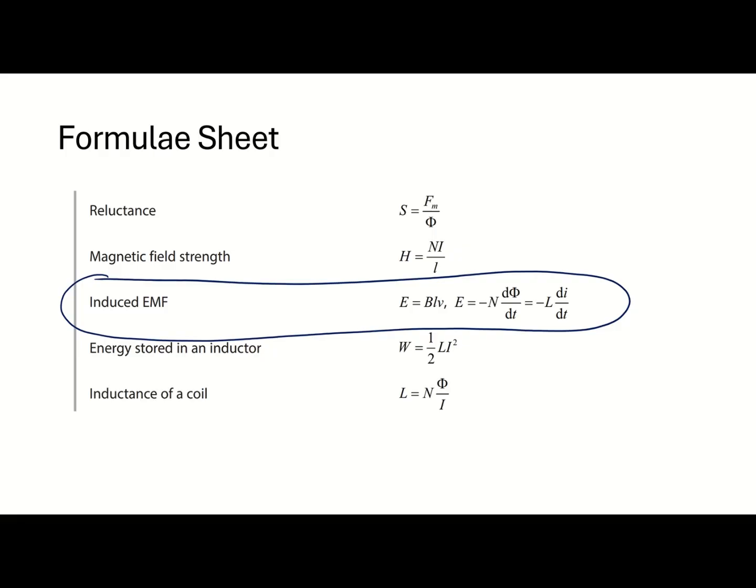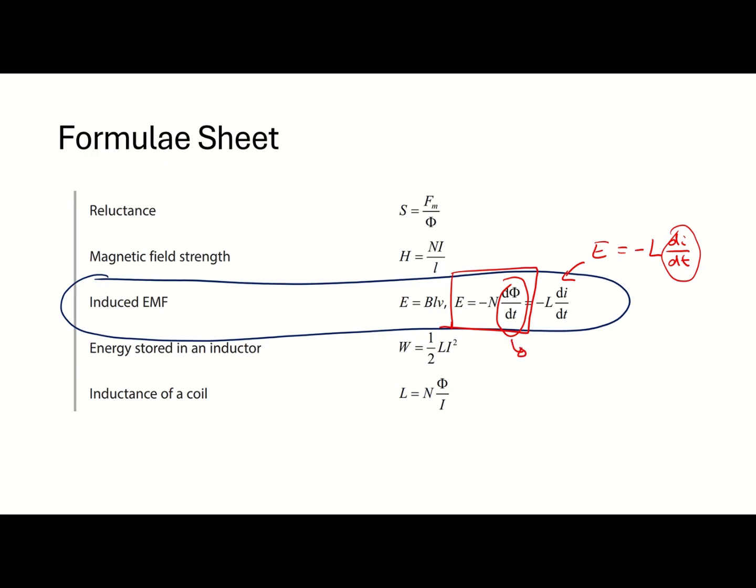So, for example, we've got this equation, and we've also got this equation over here, E is equal to minus L di dt. So this d phi over dt, and here di over dt.